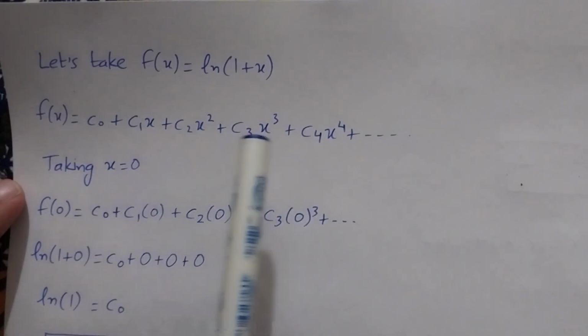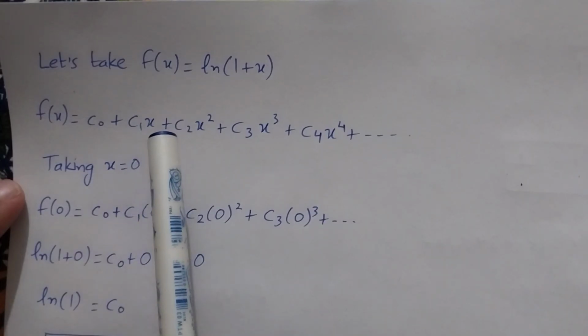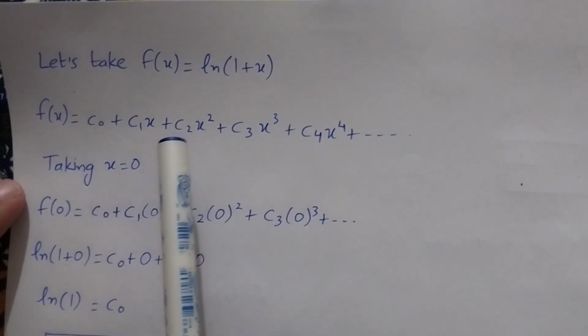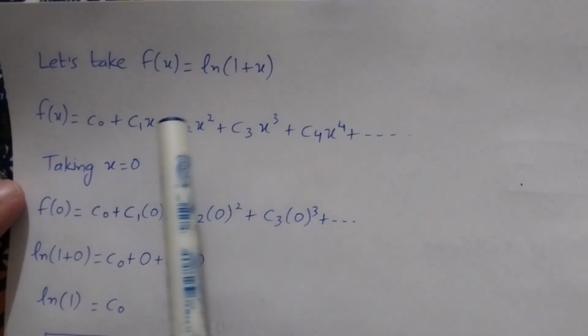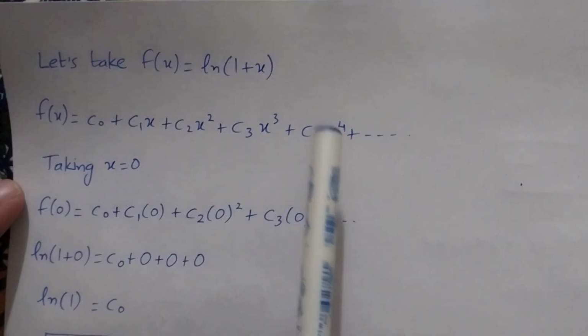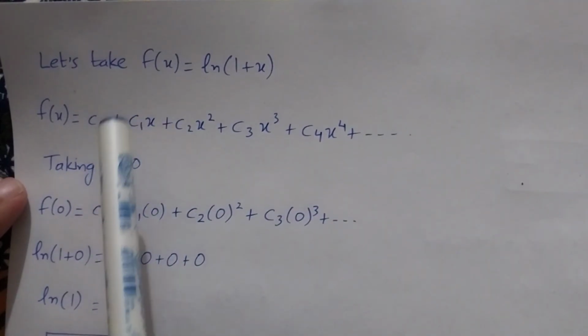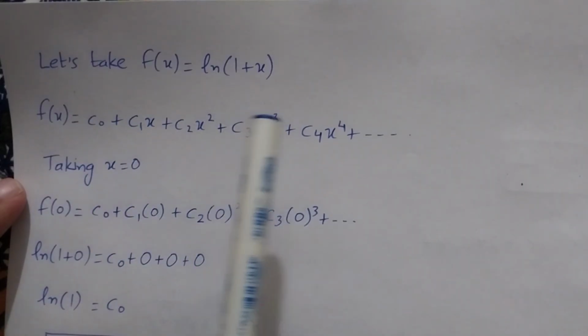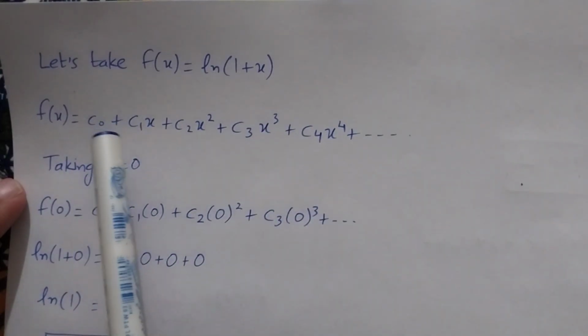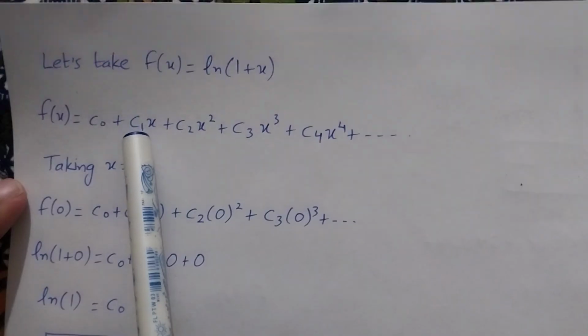So for our ease, we take x is equal to 0, because that will make all of these terms 0, and we can easily find the value for c naught. Basically, we are interested in finding this power series, and for that we need to evaluate these constants.